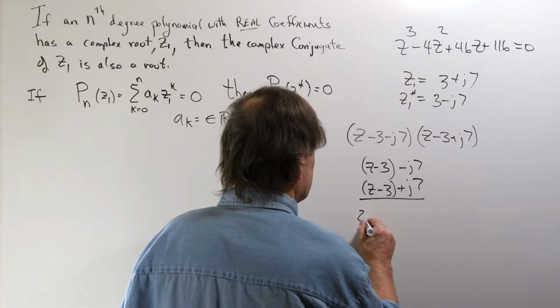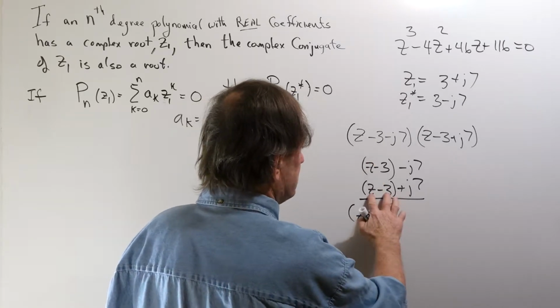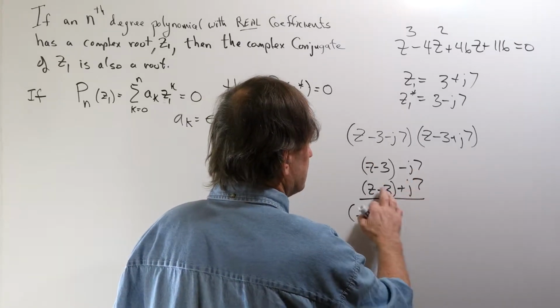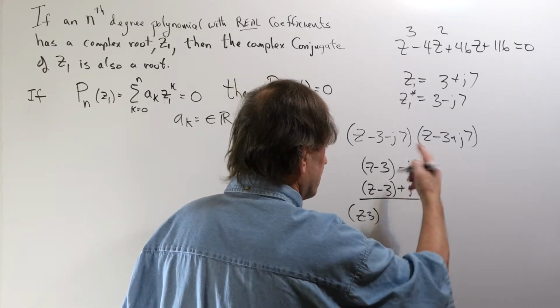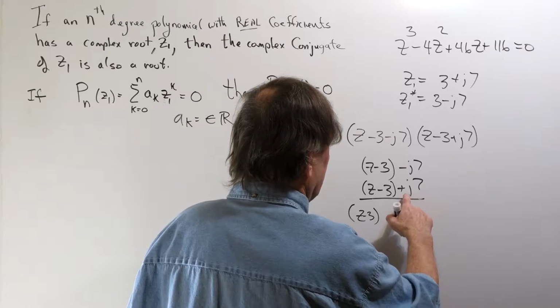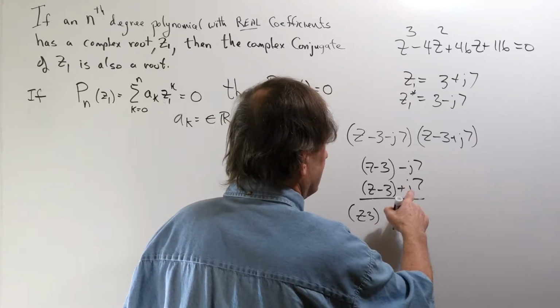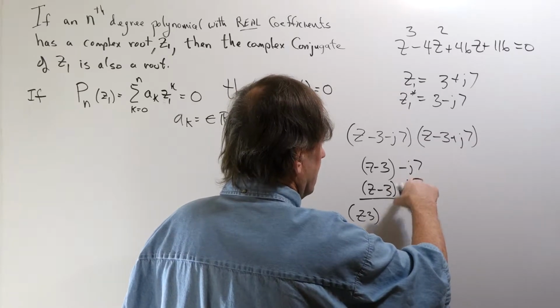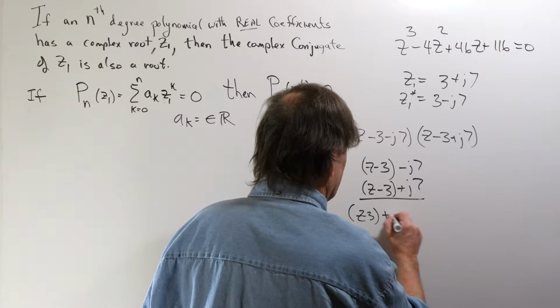Well, we have z minus 3 squared, this times this, and then z minus 3 times minus j7, z minus 3 times plus j7. These cancel because they're conjugates. And then we're left over with minus j7 plus j7 multiplied together. The j squared gives us a minus 1. Minus minus is a plus, so we have plus 49.